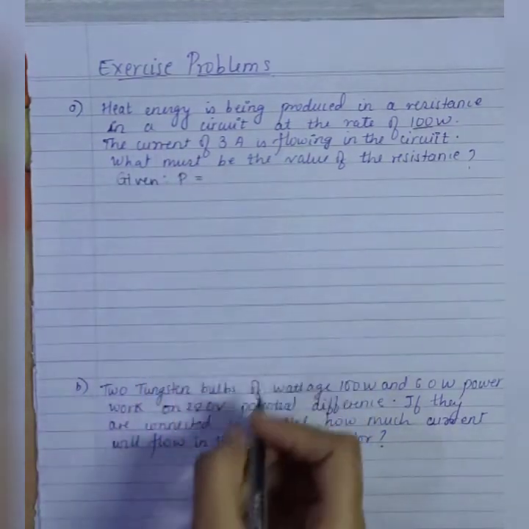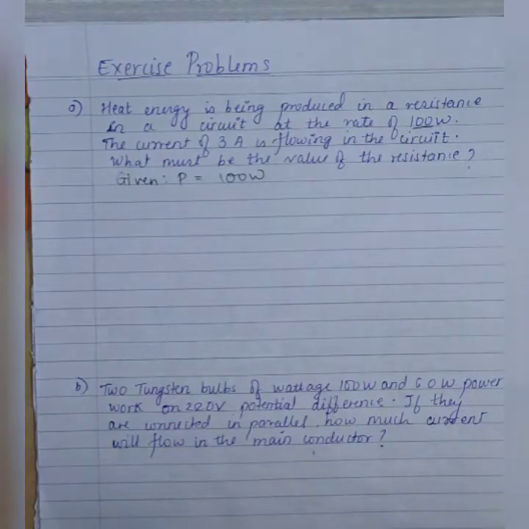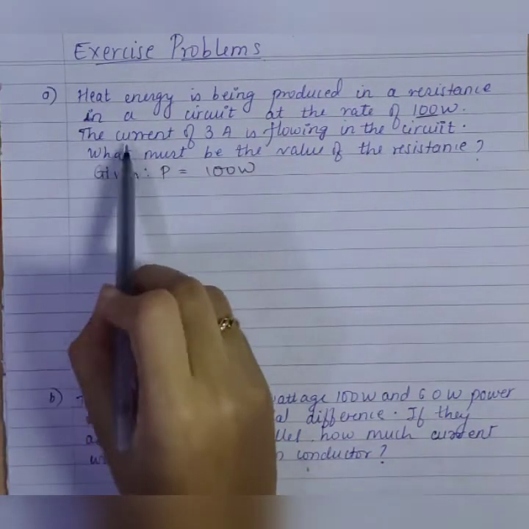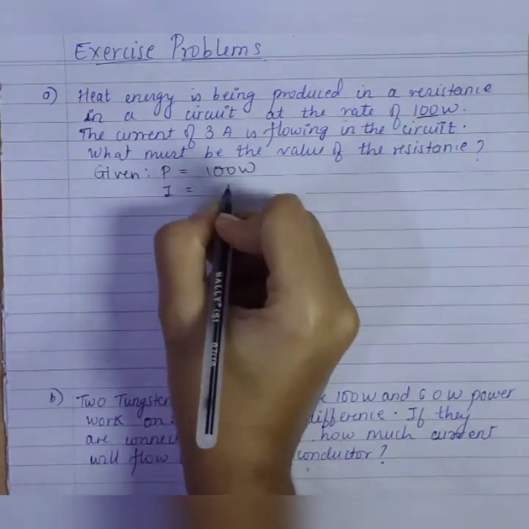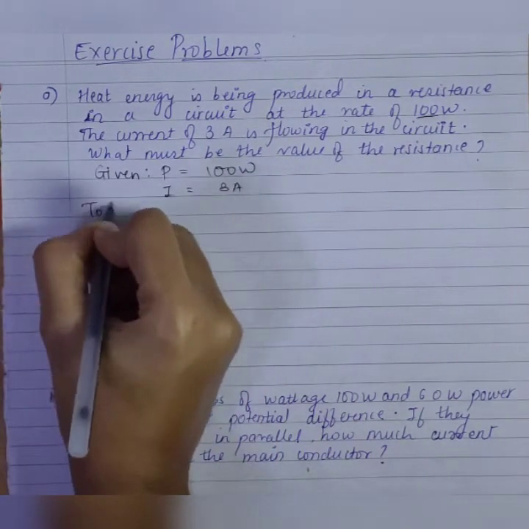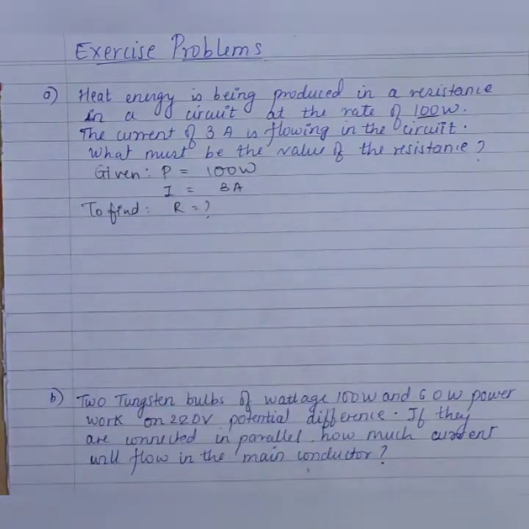So power is equal to 100 watt. The next part, the current of 3 ampere. So I is equal to 3 ampere is flowing through the circuit. What must be the resistance? So to find, resistance is equal to what?